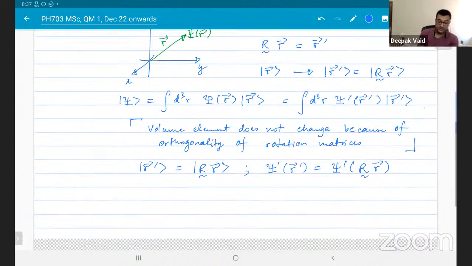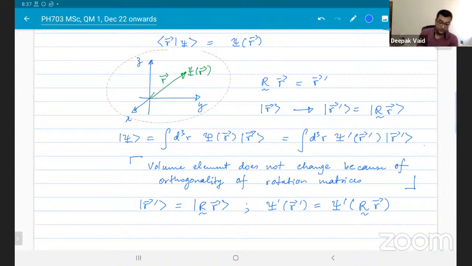But now the thing is, when I perform this rotation, what happens? This vector r goes into some new vector r prime under this rotation. And whatever is the value of psi of r over here, that becomes the new value of psi prime of r prime here, right?